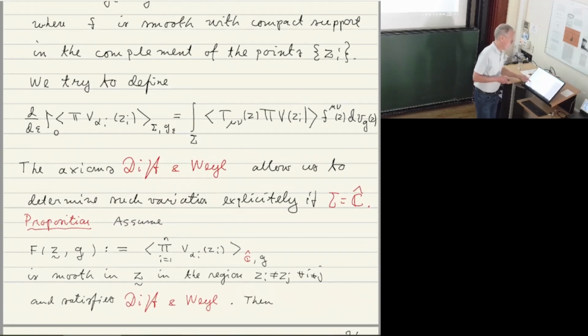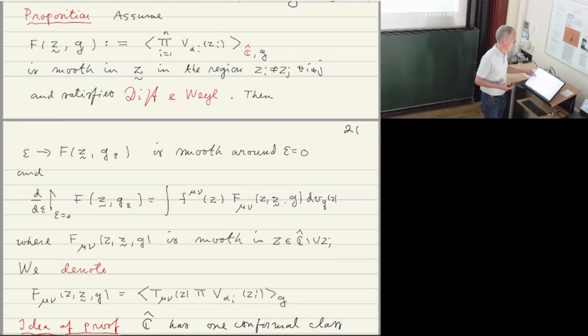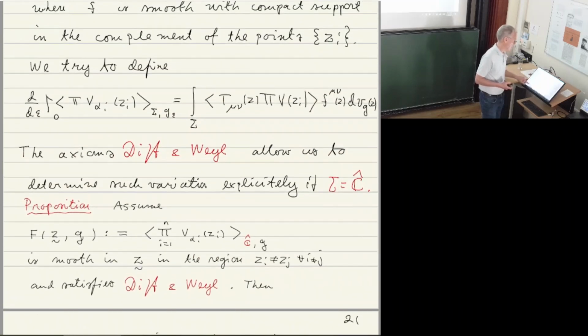So let's make the following assumption. Let's assume that you have proven that the correlation functions are smooth in the region of non-coinciding points and satisfy the diffeomorphism and Weyl invariance axioms. This, for instance, holds now for Liouville theory, which I didn't really define to you, but everyone tells you that. And then see what the consequences are. Okay, so first of all, let's work on the sphere.